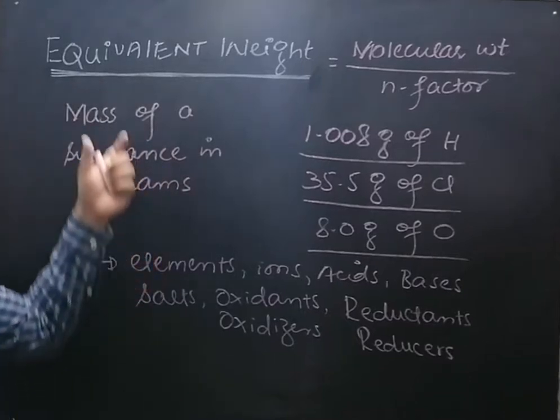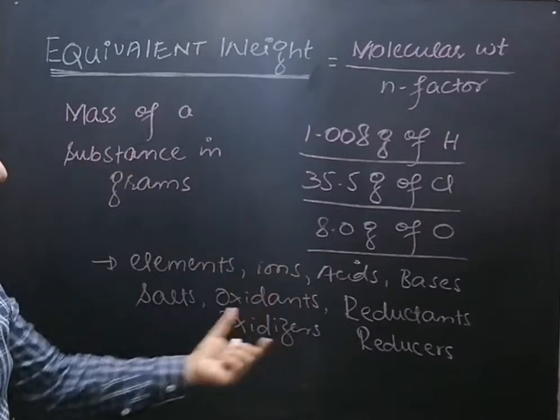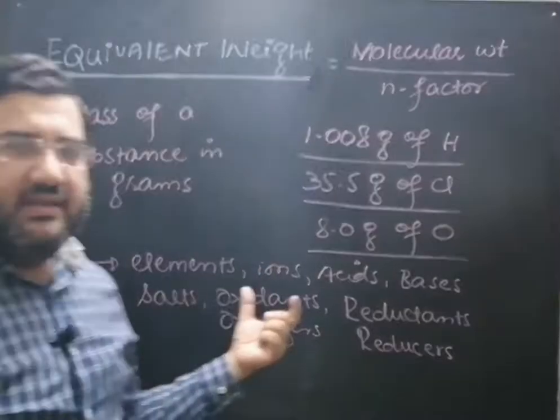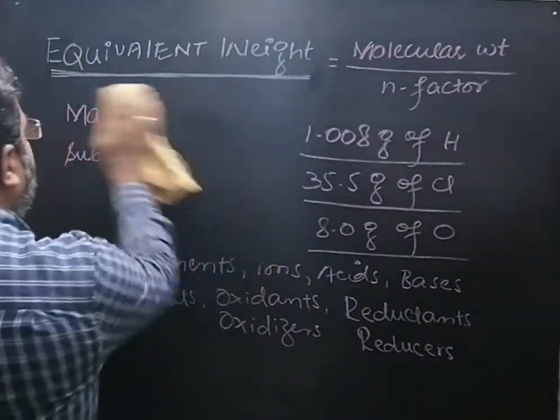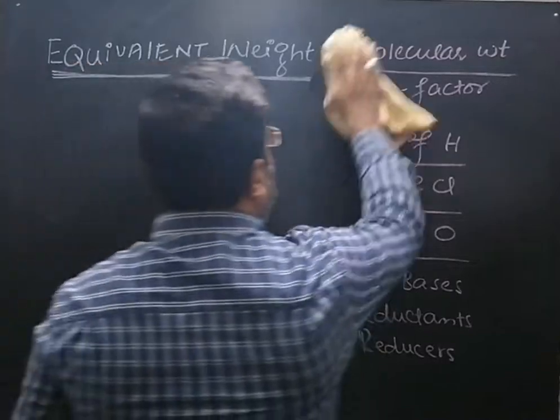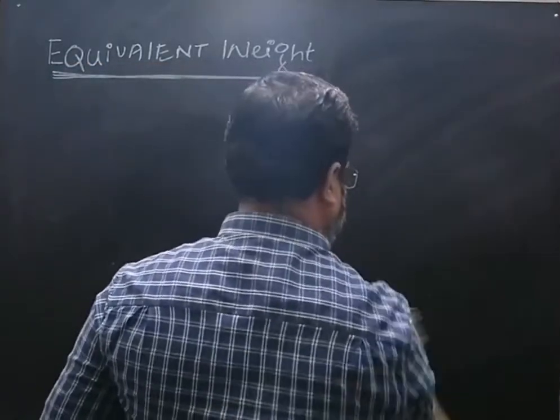So the concept of equivalent weight is applicable to all these species. Now let us learn one by one how the equivalent weight of an element or a compound is calculated.